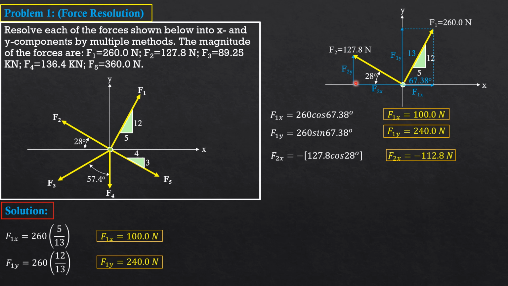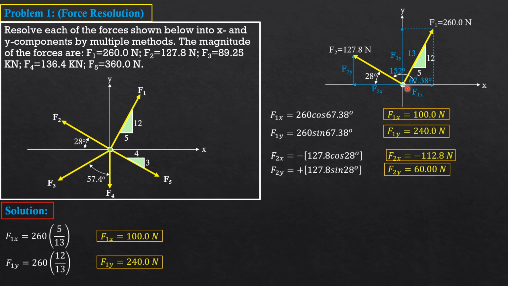F2y is expected positive. It is opposite to 28. So it is hypotenuse 127.8 sine of 28. And it is anticipated to be positive. So that's the first solution. So 60.00 newtons. For the second solution, the angle that this force makes with the positive x-axis in counterclockwise direction is 180 minus 28, and that is 152 degrees.